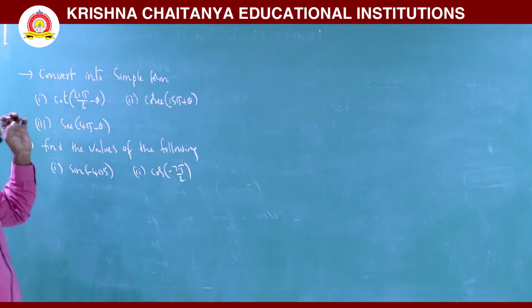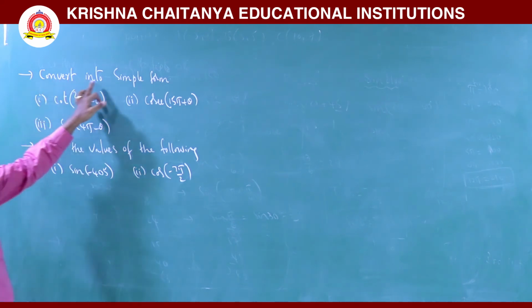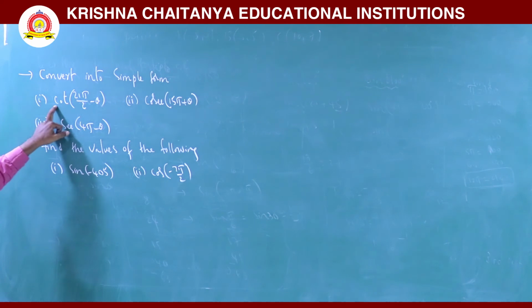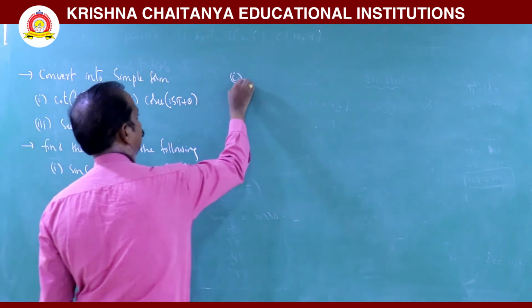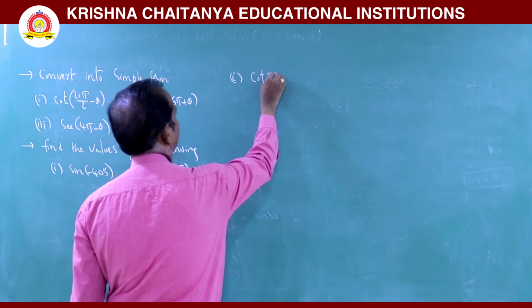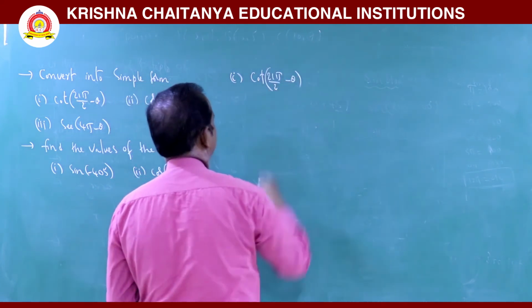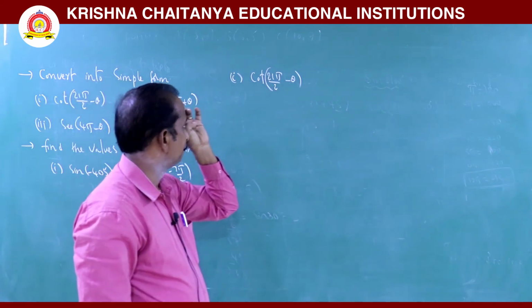We can find out some problems and convert them into simple form. Consider one problem: cot of 21 pi by 2 minus theta. Just now we discussed 21 by 2.